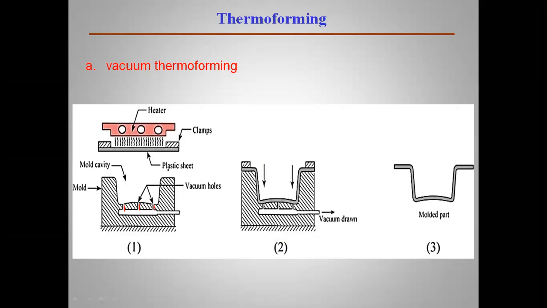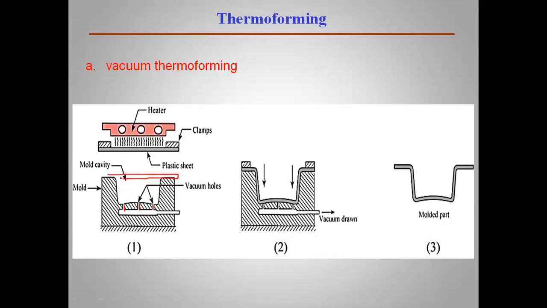Let us see the steps in vacuum thermoforming. In the first step, the plastic sheet is softened by heating using a heater. Then this softened sheet is placed over a concave mold cavity.